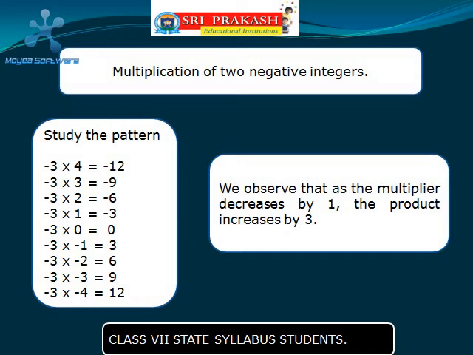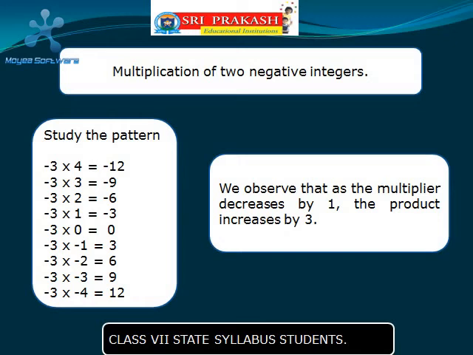In the same way, minus 3 into 1 is equal to minus 3. Minus 3 into 0 is equal to 0. So now, minus 3 into minus 1. That means we have to increase 0 by 3. So we get 3.